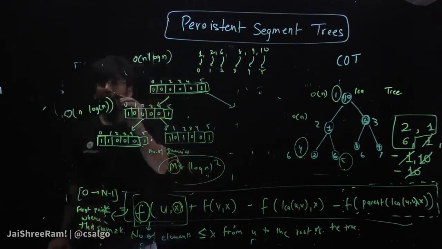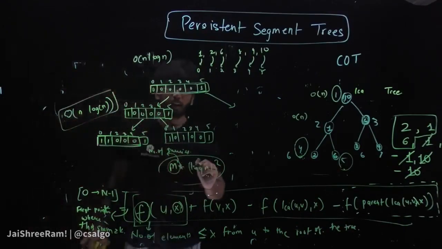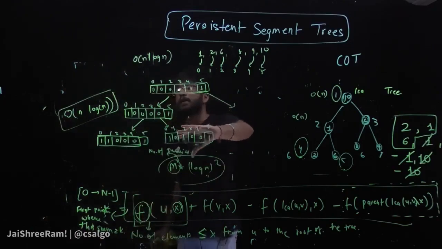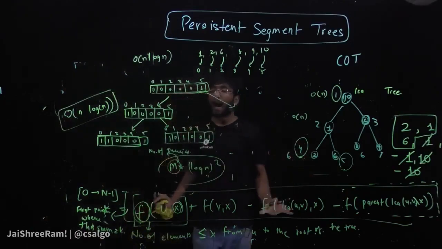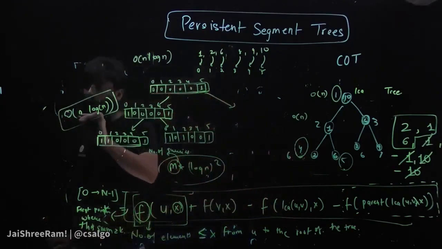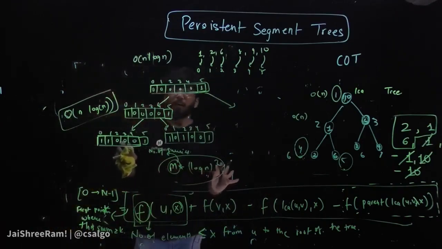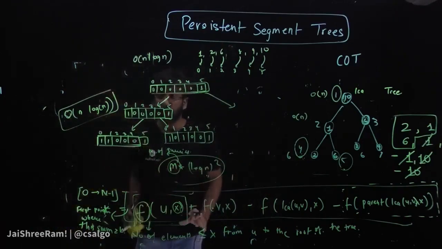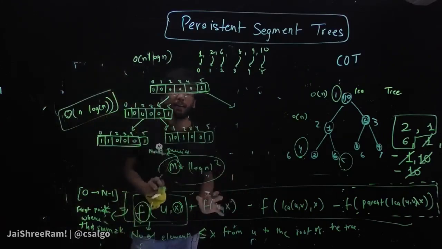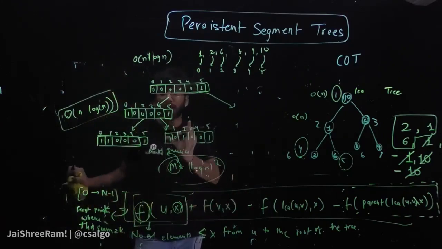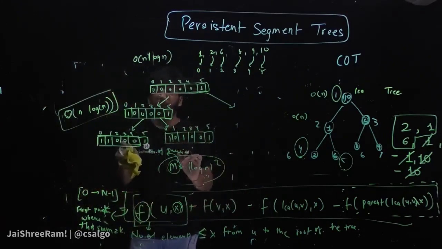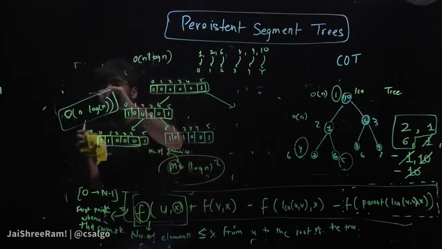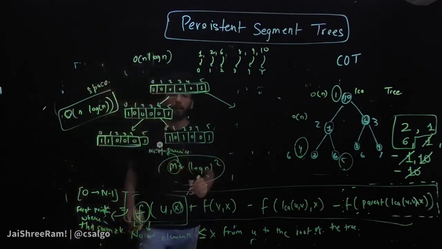So now we have reduced the space complexity. It will function the same as the n segment trees would have functioned, but we have done this in O of n log n space by adding only the updated nodes and not the entire tree. Just the pointer way, which I explained earlier. Now the space has been reduced to O of n log n. Great.